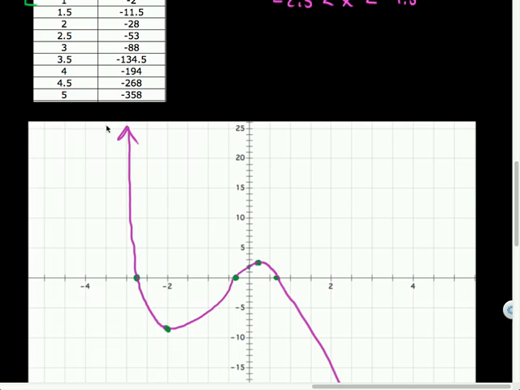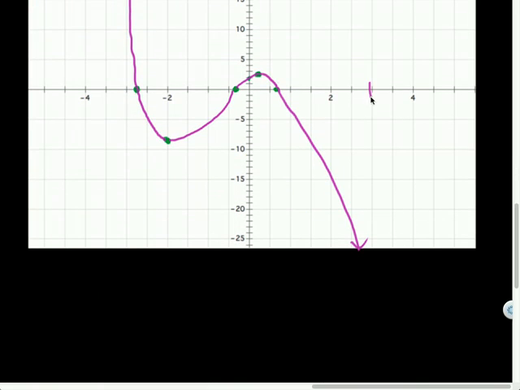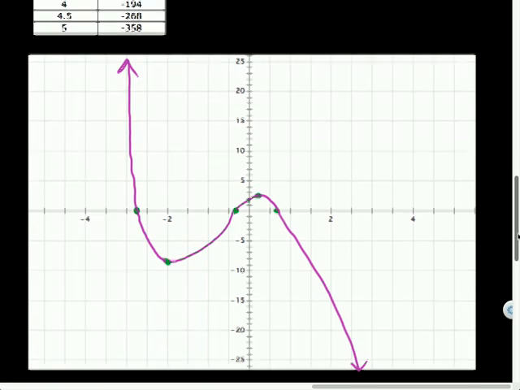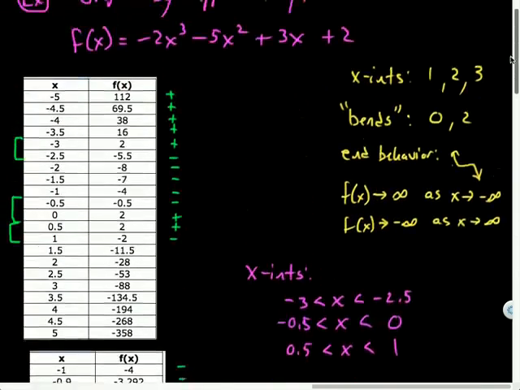I technically could have been like, oh, at +3, it's going to be at -88, and go there and plot all the way. I could find those other points, but I'm solely interested in our transition points. The y-intercept's not a bad one to throw in there as well, since that's easy to get. So there's our graph. Let's actually see what the computer generates for a graph and see if we were right.